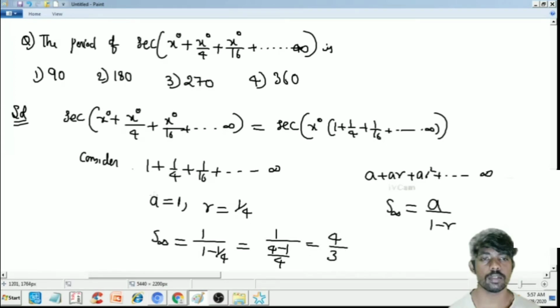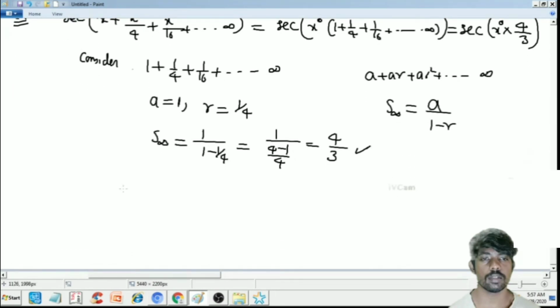Hence the sum to infinity is 4 by 3. In the place of that series I am substituting it: secant of x degrees into 4 by 3. From here we got secant of x degrees into 4 by 3. Now here we have x degree.